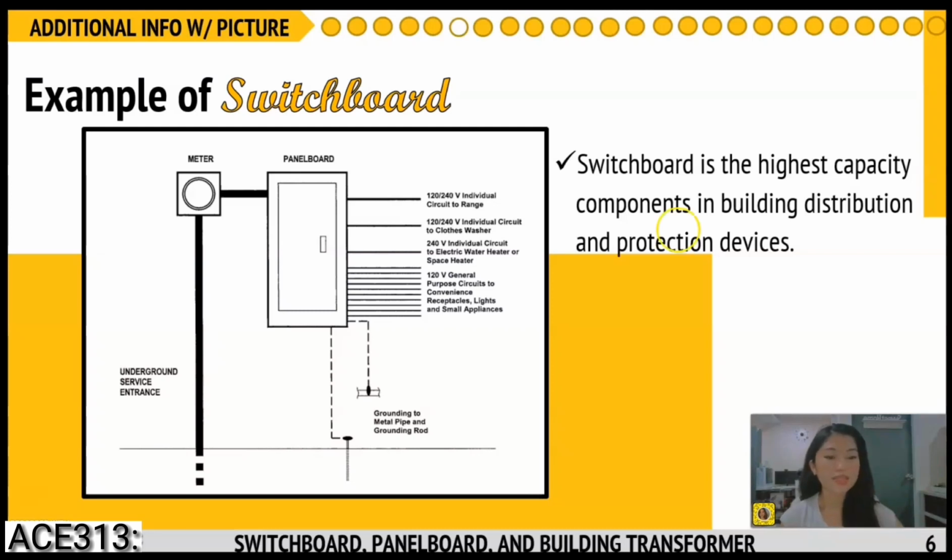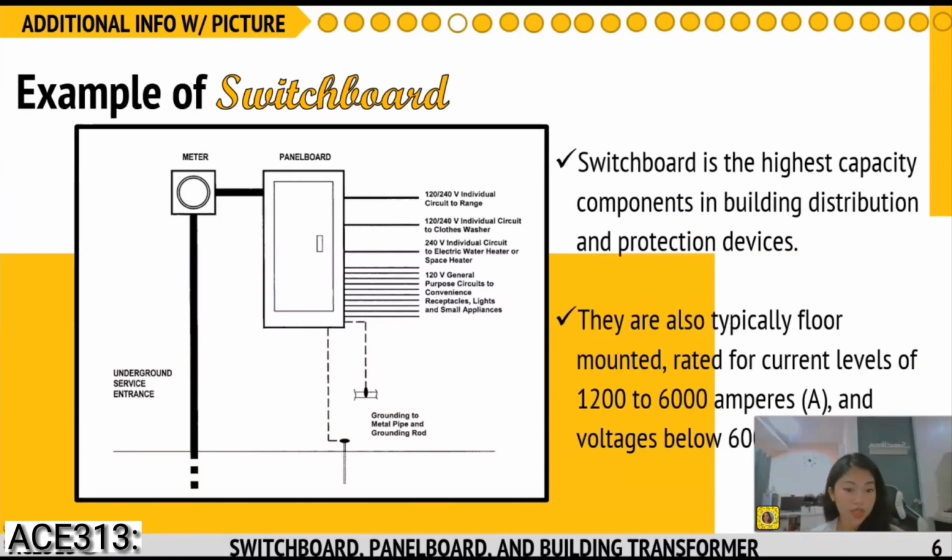Okay? Next, switchboards are also typically floor-mounted, rated for current levels of 1,200 to 6,000 amperes and voltage below 600 volts. So always remember that a switchboard is typically floor-mounted. So what is floor-mounted? Or ano ba yun? Hindi mo ba yun alam?